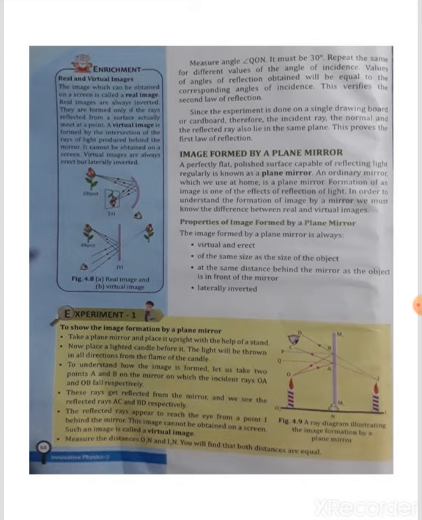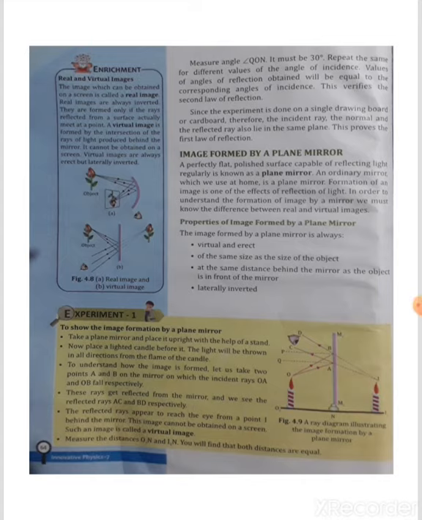Then the second law, or the other law of reflection, is that the angle of incidence is equal to the angle of reflection, that is angle i equals angle r, isn't it? So today we will be discussing the image formed by plane mirror.